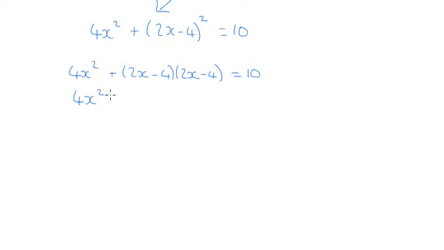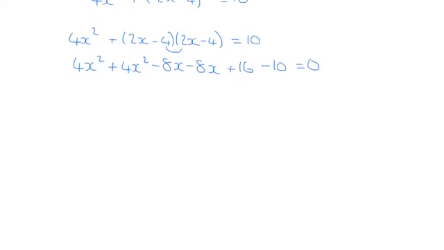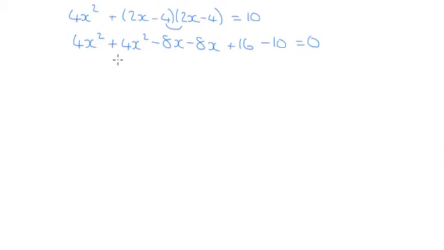So expanding those brackets, we're going to get 4x squared, take away 8x, take away another 8x, and plus 16. And I may as well now move that 10 over as well. So if we simplify all this down now, we've got 8x squared altogether, and take away 16x, I've got a plus 16 and a take away 10, so overall that will be plus 6.